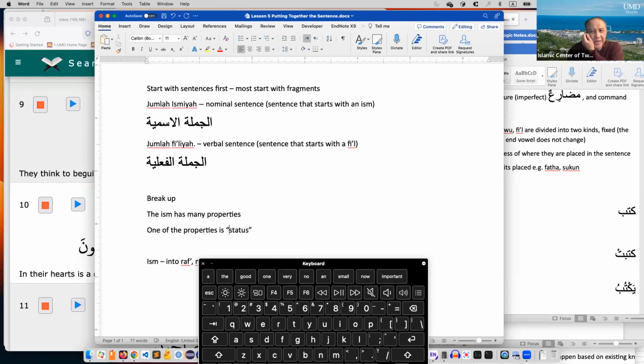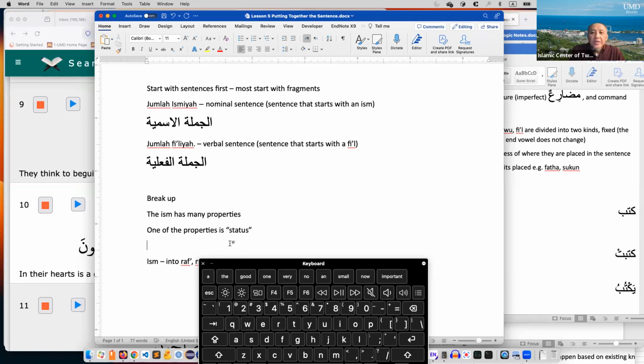I think it's the damma, fatha, kasra, the harakat, in i'rab. Never mind, don't worry about it. We'll figure out what it is, and I will put it in the notes once we find out what it is in Arabic. But we'll call it status.